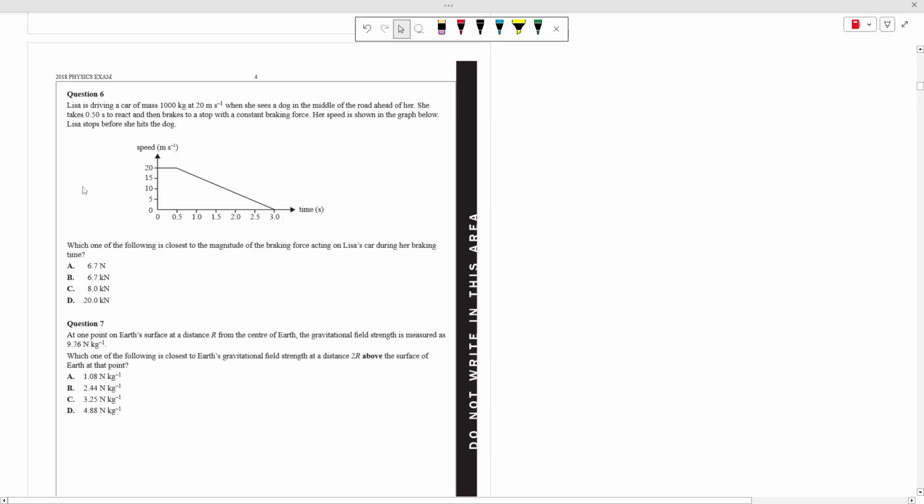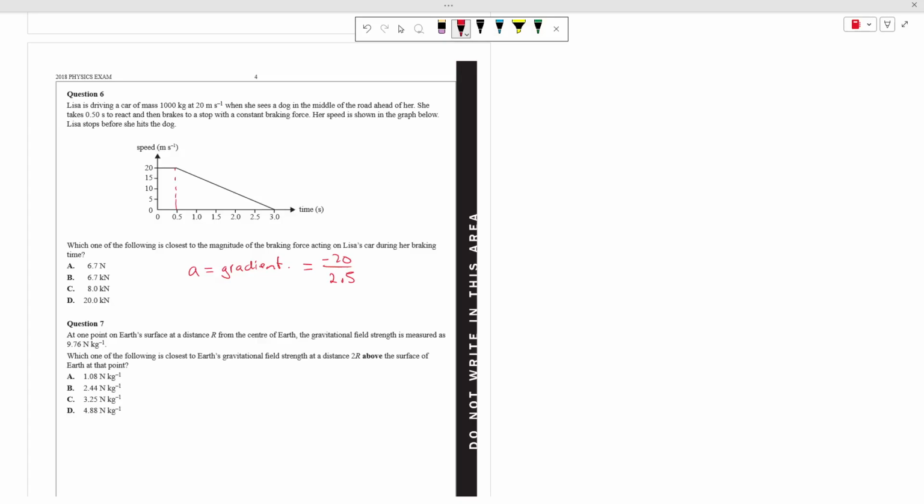Now we've got a speed versus time graph. So we know that from speed versus time graphs, the gradient of the graph is the acceleration. Okay, so if we look at the gradient here, the rise would be, I guess, negative 20 over a time of 2.5. Just be careful because she doesn't start braking until that point there.